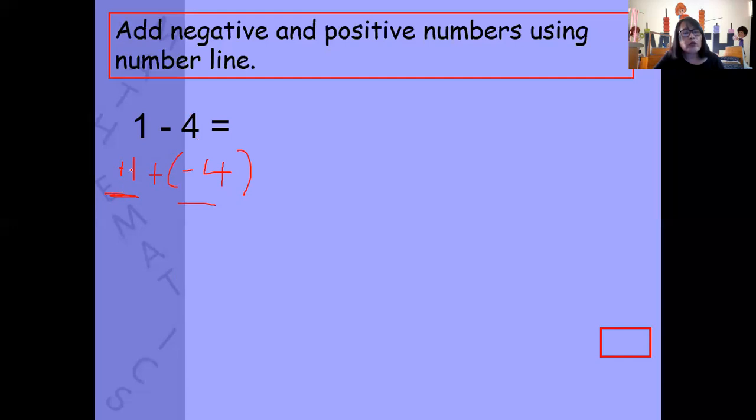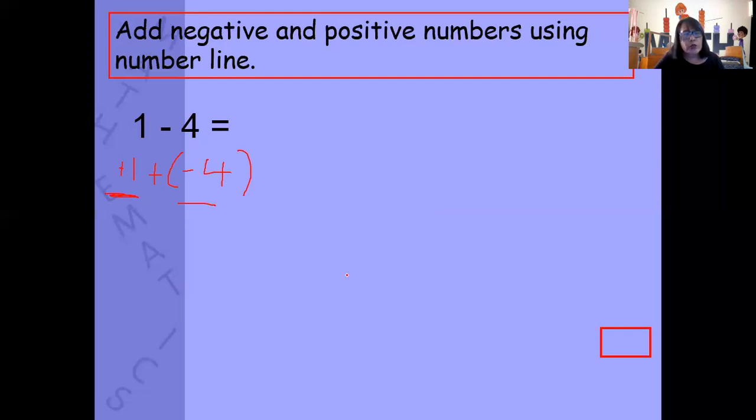Therefore, we have to circle 1, and then we are going to move to the left, because our second number is negative. Remember, keep always in your mind that negative numbers are to the left of 0 and positive numbers are to the right of 0.